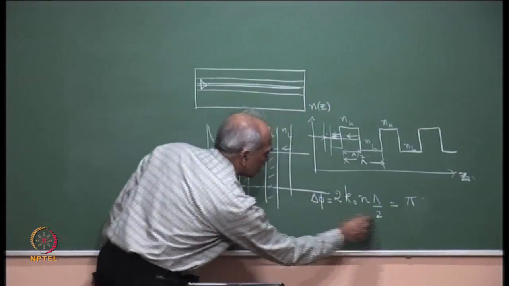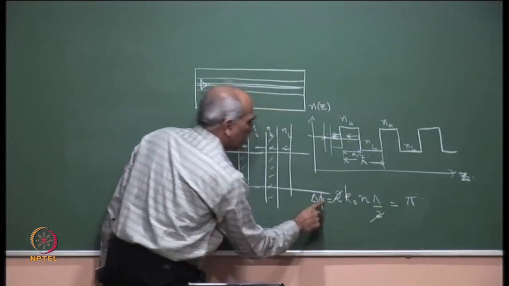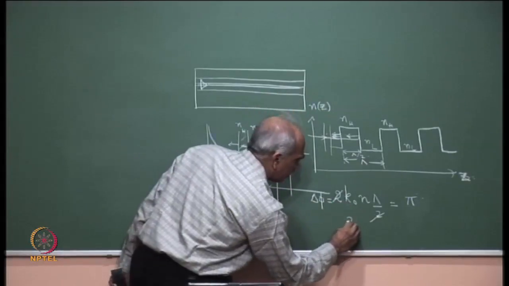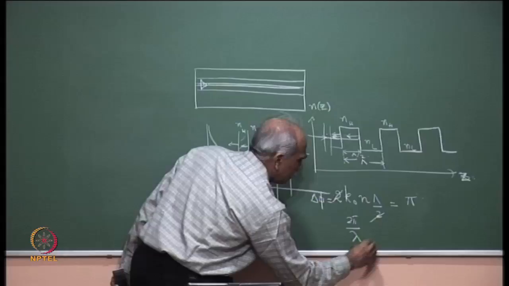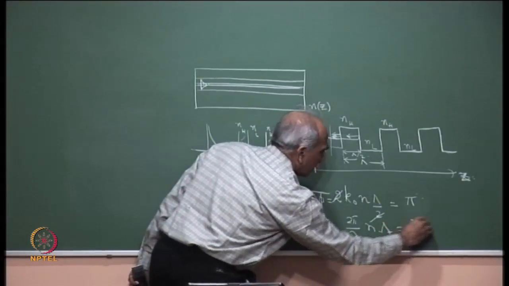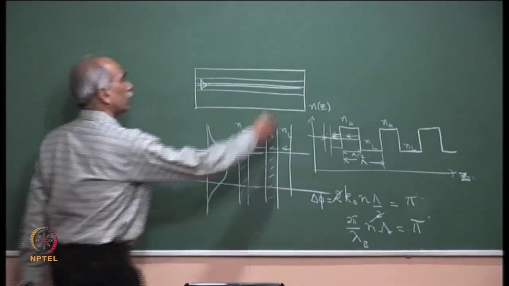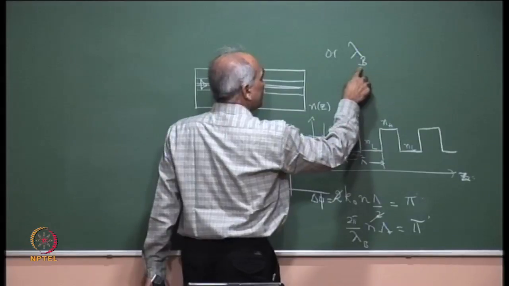This gives you that we have 2 pi here, 1 pi goes there, and therefore, this is 2 pi by lambda b into n into lambda equal to pi, or lambda b is that wavelength.